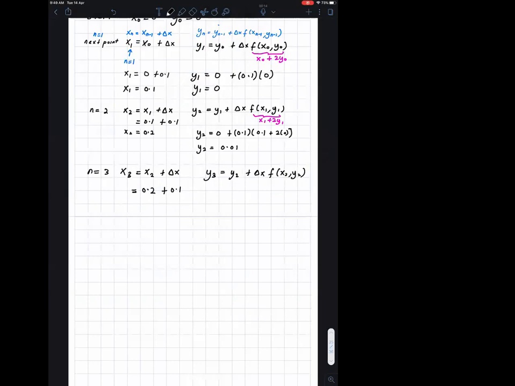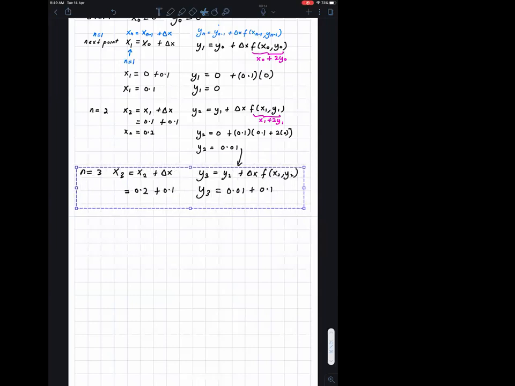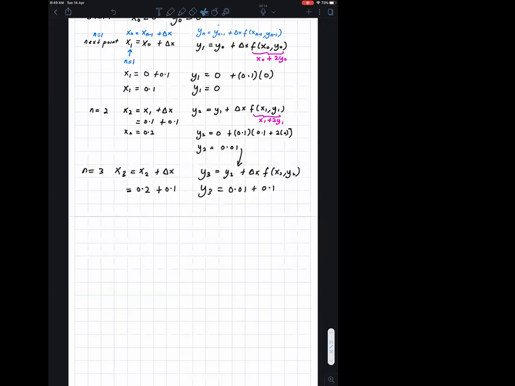So Y3, what was Y2 that you calculated earlier? 0.01, sir. 0.01 plus 0.1 times F(X2, Y2), which is X2 plus 2Y2, right?